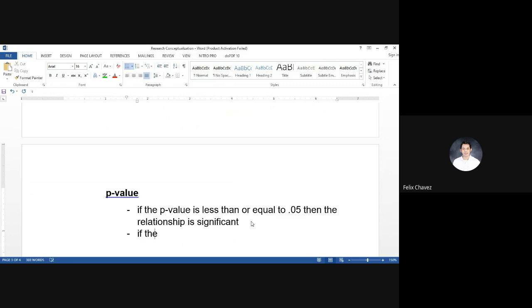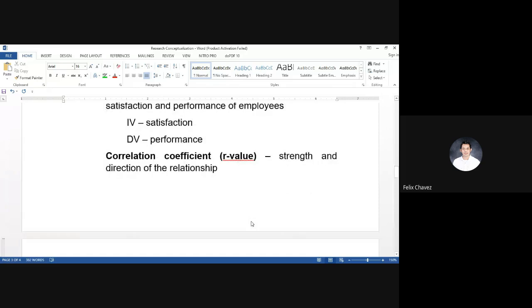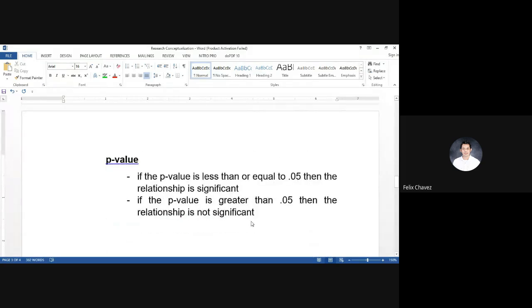If the p-value is greater than 0.05, then the relationship is not significant. So that's the condition when we determine the p-value. So kailangan natin i-consider these particular parameters, correlation coefficient and the p-value.